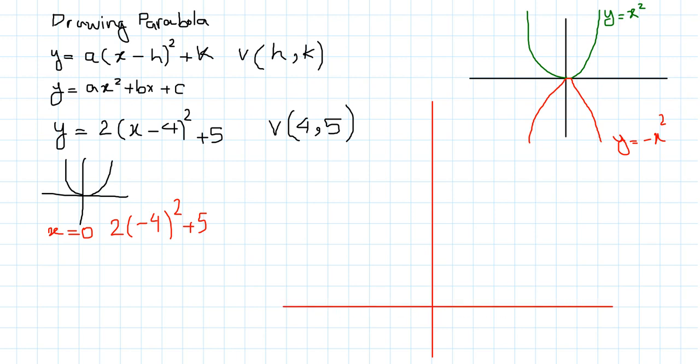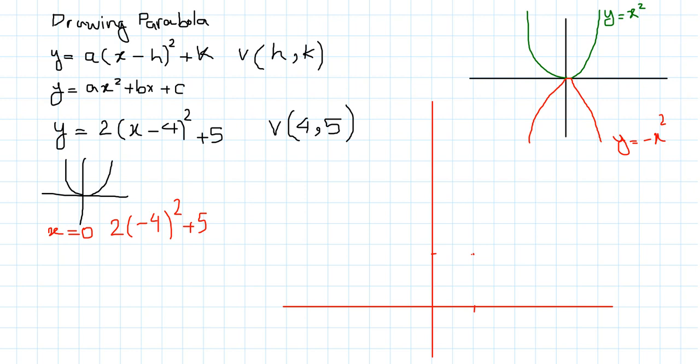Okay, so 4 and 5. 1, 2, 3, 4 for x, and 1, 2, 3, 4, 5 for y. Here is the point. Now try to draw it.